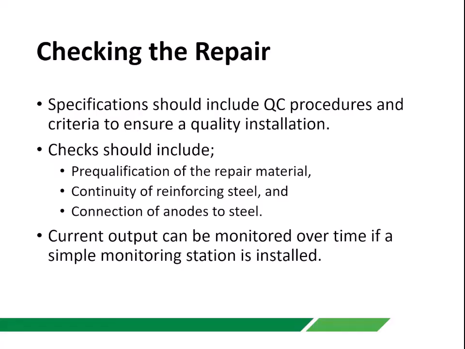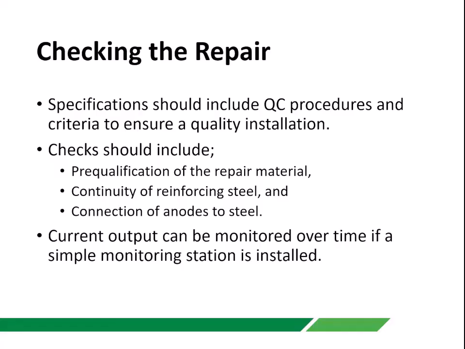If you specify ACI 563, there is a spec section in ACI 563 that is specific for installation of embedded galvanic anodes. So if you reference that, these points will be covered, and they should include pre-qualification, make sure you're using an appropriate repair material, continuity or the electrical interconnection of the steel, and electrical connection of the anodes to the steel, which I mentioned previously.